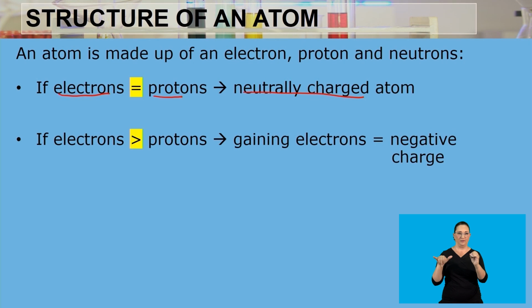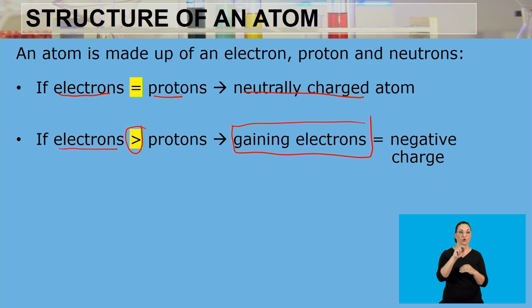Now, should it happen that the number of electrons is greater than the number of protons, or we can say that when an atom or a substance is gaining electrons. When that happens, then obviously the number of electrons is going to be more than the number of protons.